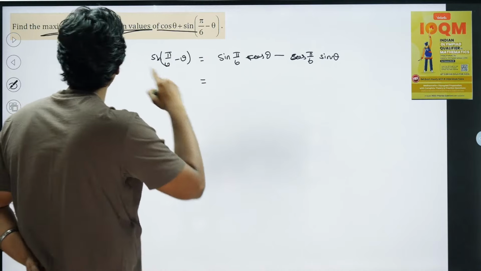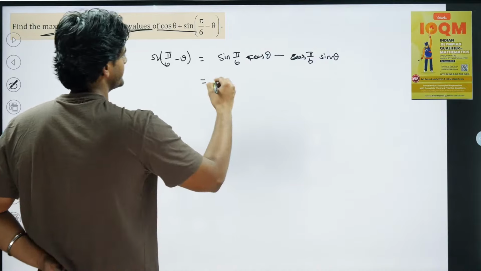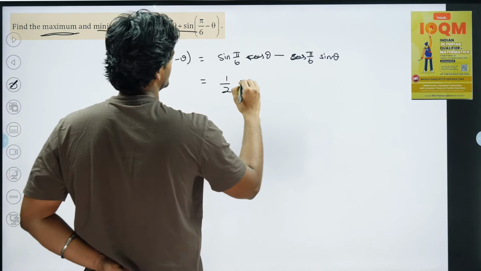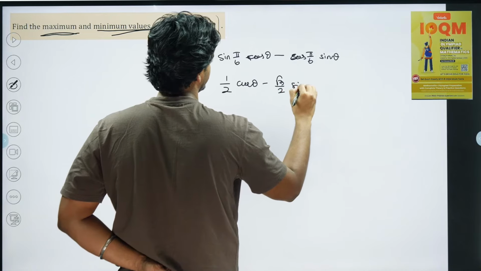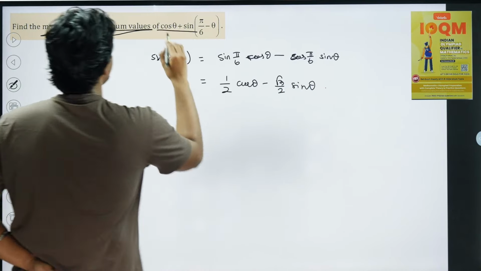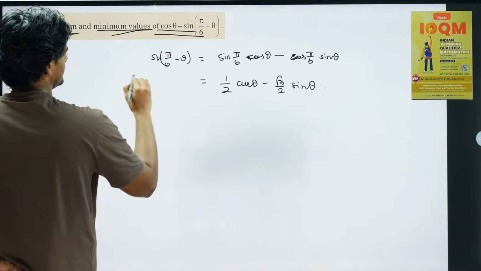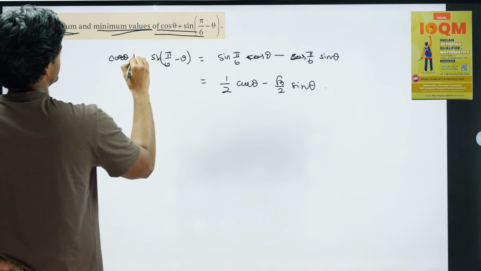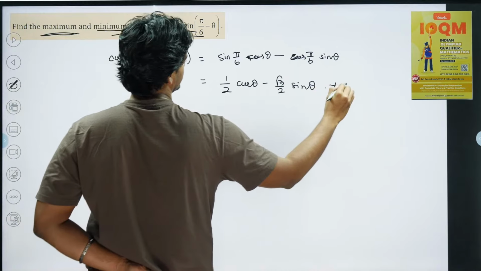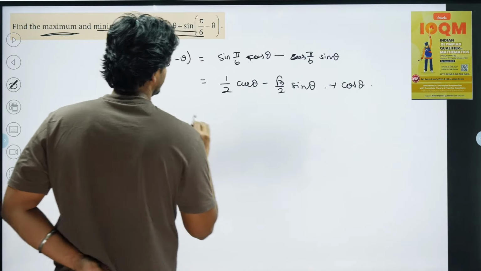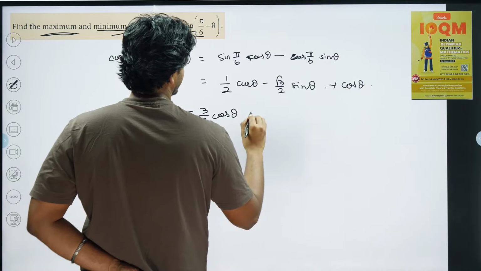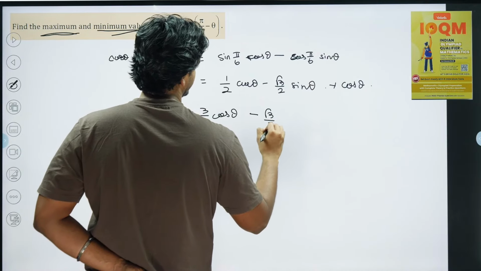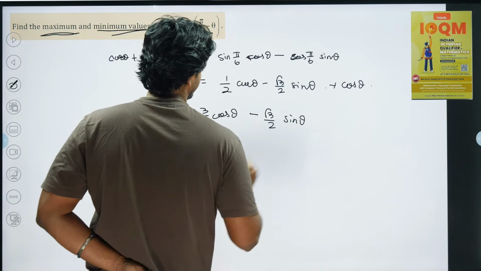So what is sin pi by 6? 1 by 2. 1 by 2 cos theta minus root 3 by 2 sin theta. Now we have cos theta plus this. So if I add cos theta, this is 3 by 2 cos theta minus square root of 3 by 2 sin theta.